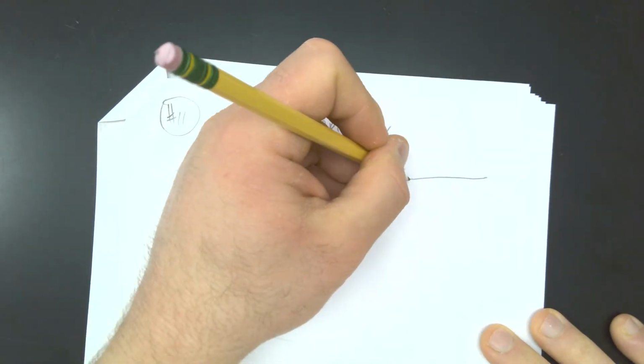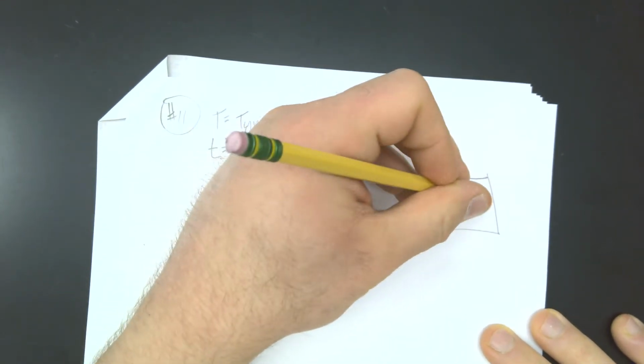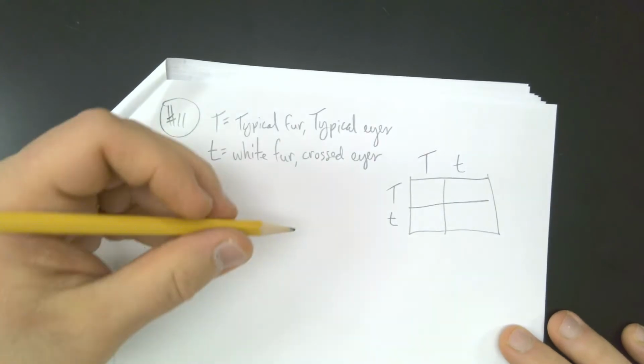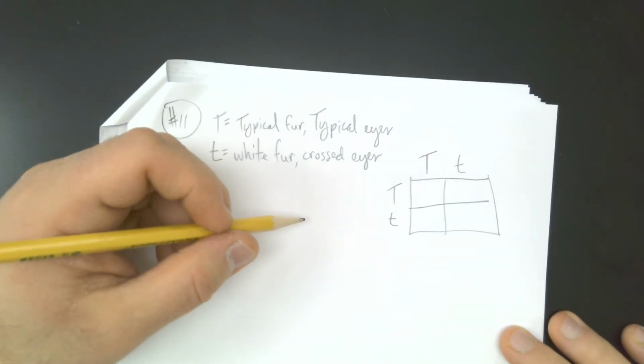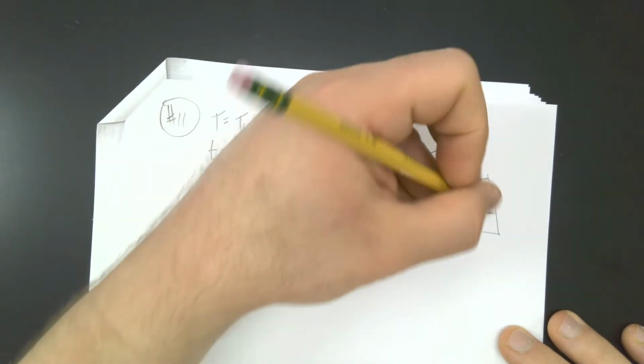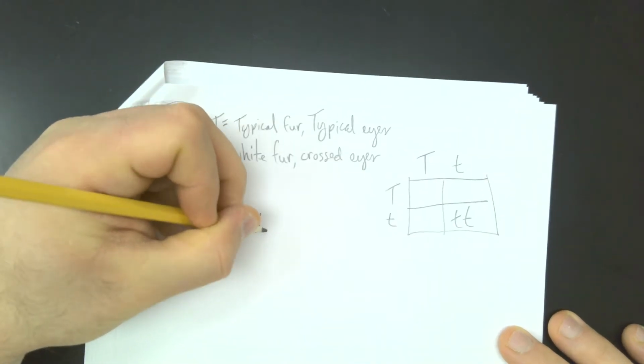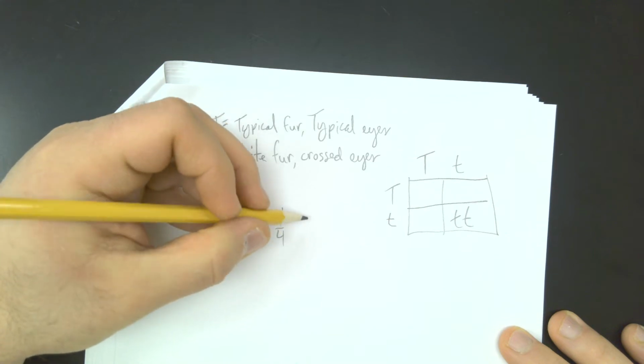Okay, so the parents are heterozygous. So what are the odds that offspring have the recessive allele? It's 1 in 4, or 25%.